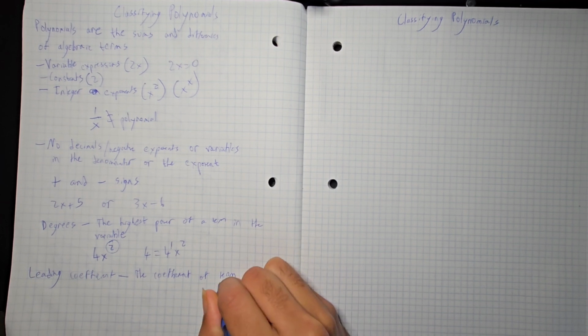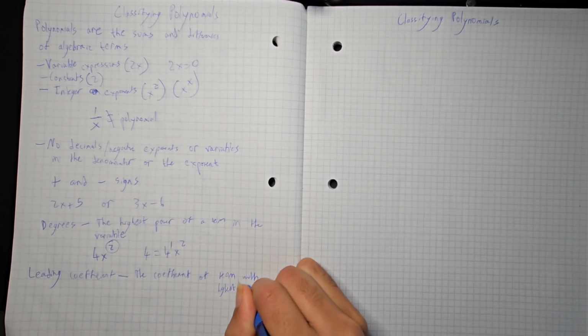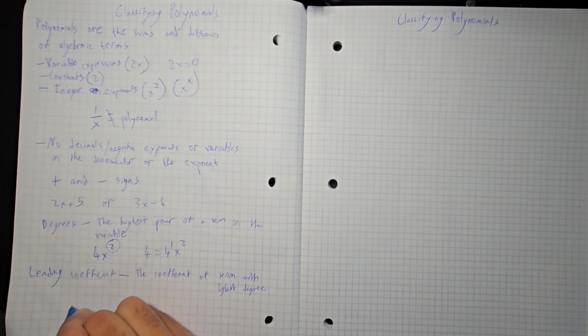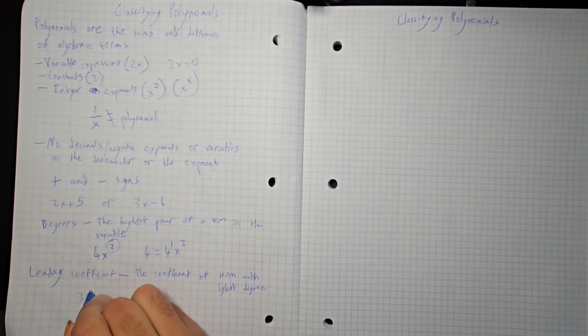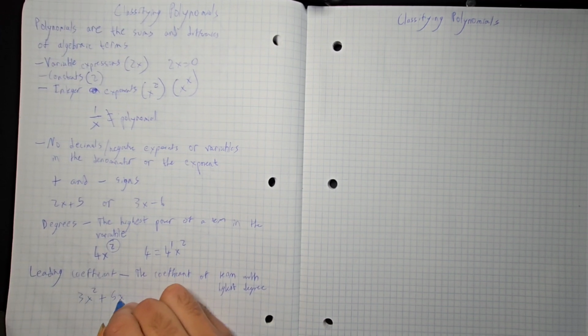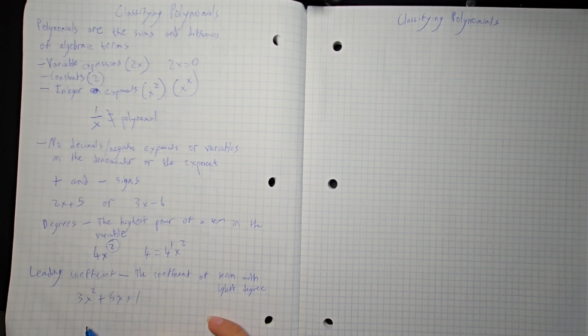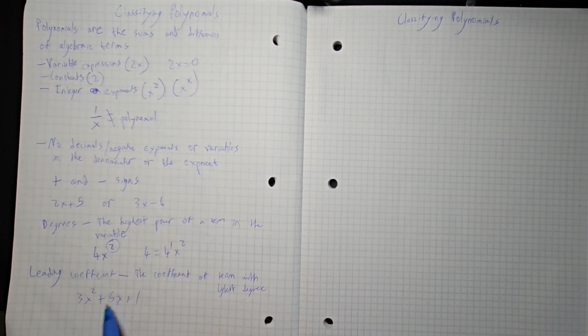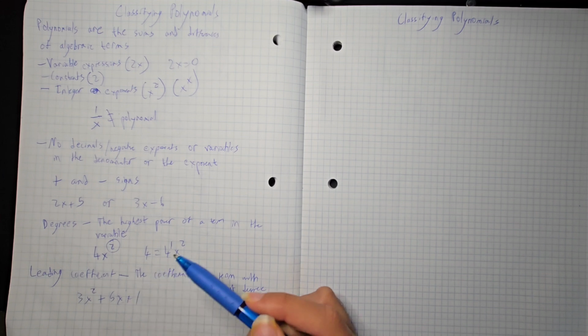So if we had a little polynomial like 3x squared plus 5x plus 1, this right here is a polynomial, and if you take a look at the highest degree in this term, it's going to be 2, since this is x to the first and this is just 1 to the first, which is 1.